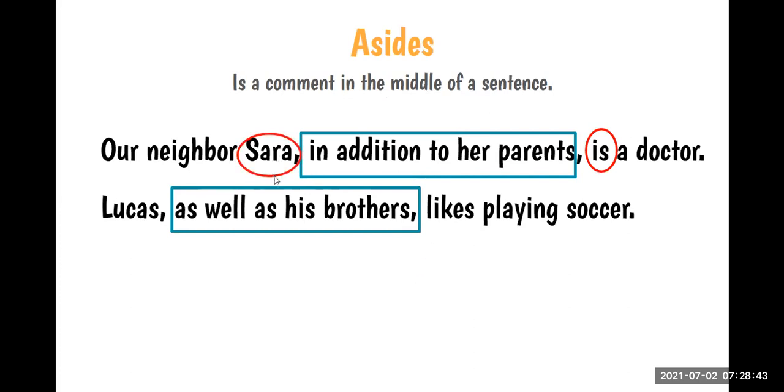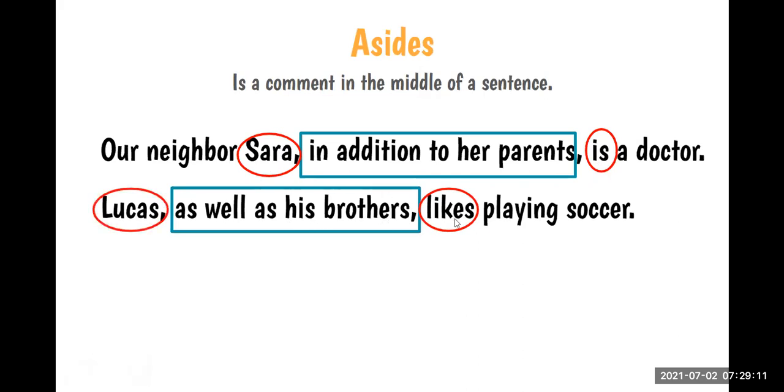So generally we have these kinds of asides, and the verb doesn't agree with the subject that we have in the aside. The verb agrees with the subject of the sentence. The same here: we have "likes," and it doesn't agree with brothers.